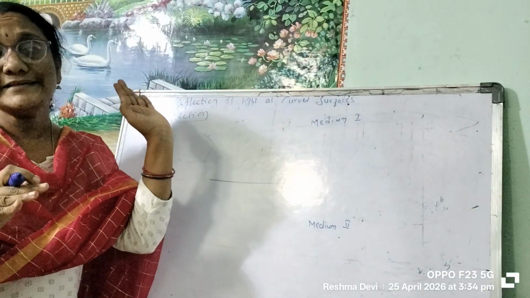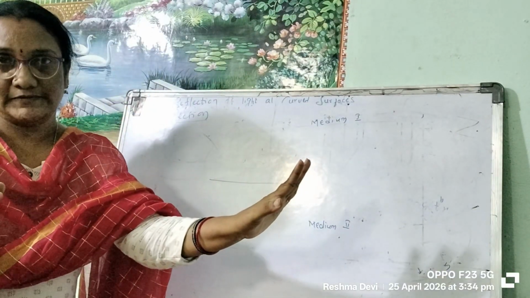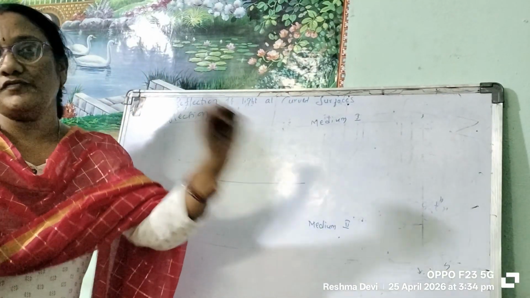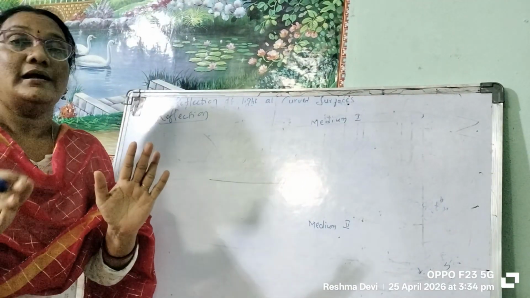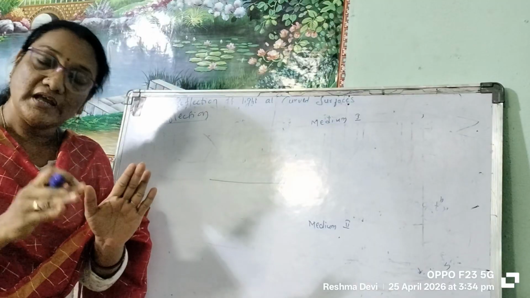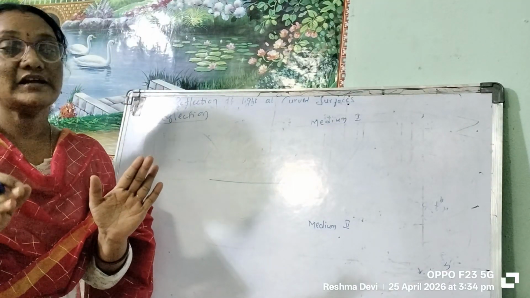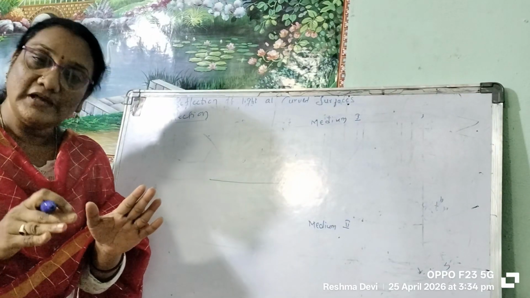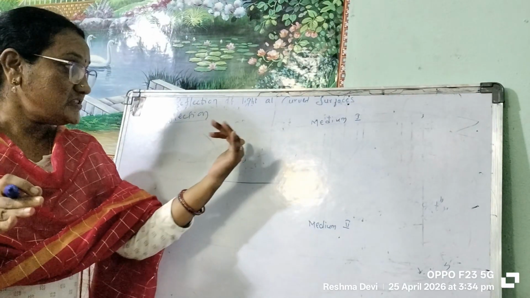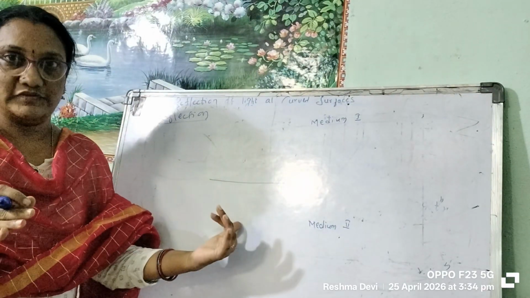Or I can say the upper surface of water or of another medium. This line acts as a boundary or interface which separates the two mediums.